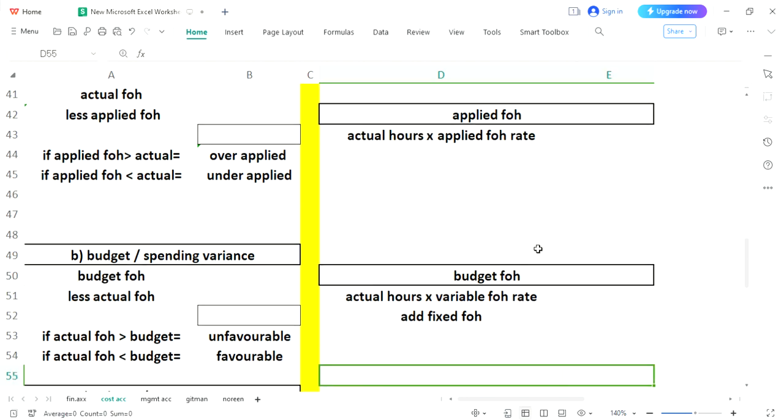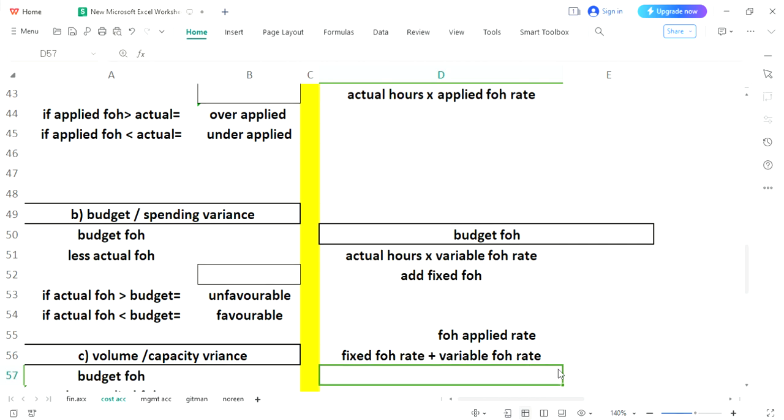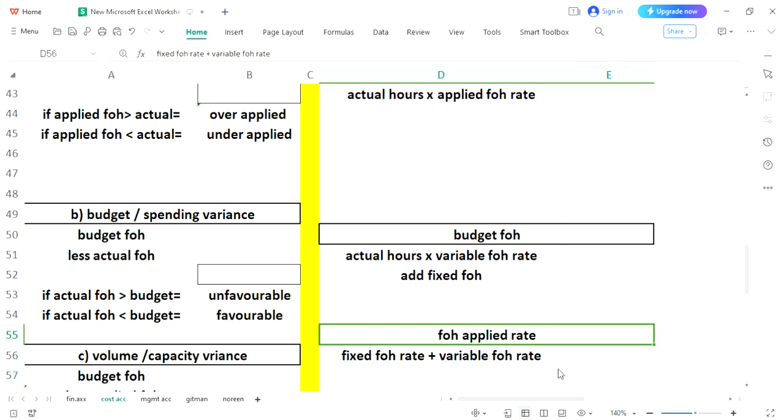And the final part is a little more. You will have to calculate a few rates, and the first rate you will calculate is the FH applied rate. And how would you calculate FH applied rate? With fixed FH rate and variable FH rate. This is the way you will calculate your FH applied rate.